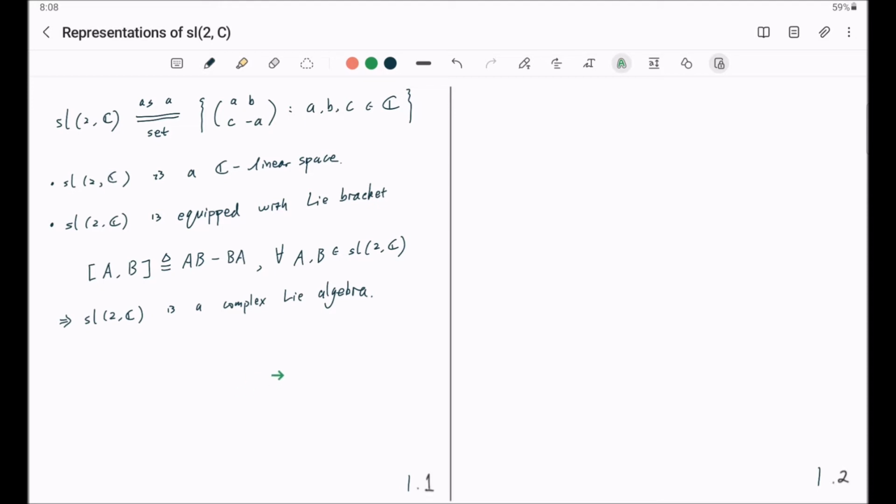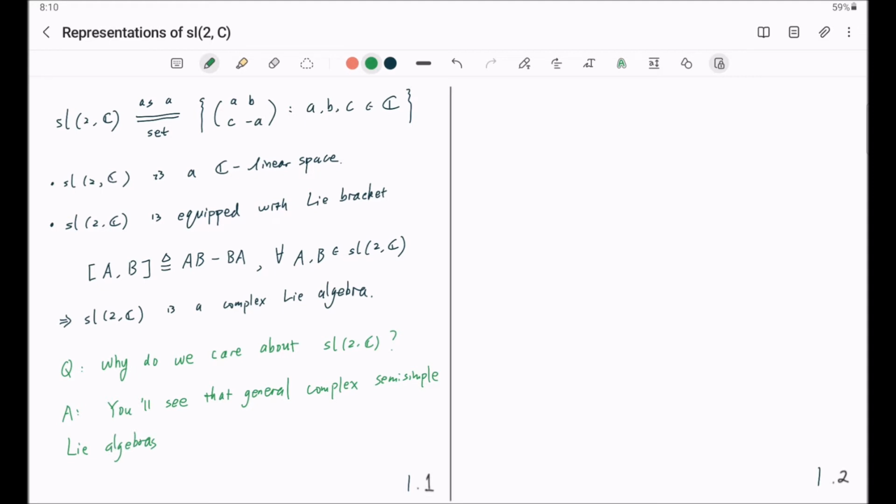So you may wonder, why do we care about little SL2C? There are tons of Lie algebras. Why do we care about this particular matrix Lie algebra? The reason is that you will see that general complex semi-simple Lie algebras are built out of many copies of SL2C.